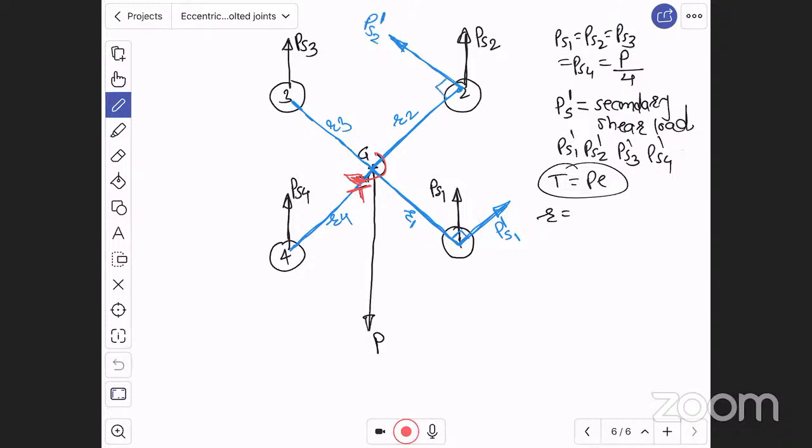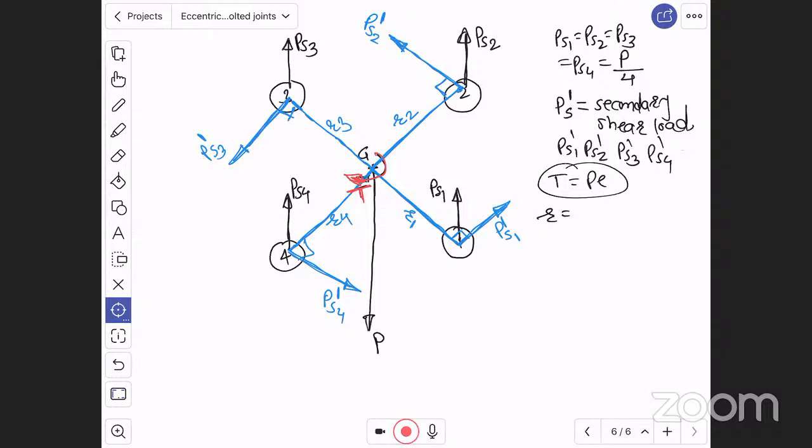Again at 3, PS3 dash, perpendicular to radius, creating anti-clockwise torque about G. At 4, PS4 dash, perpendicular to radius, and creating anti-clockwise torque about G. This is how there will be secondary shear loads.